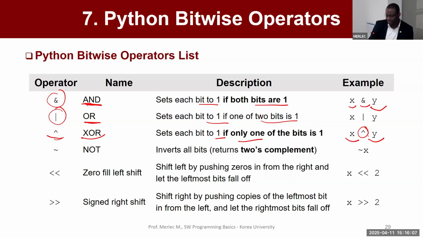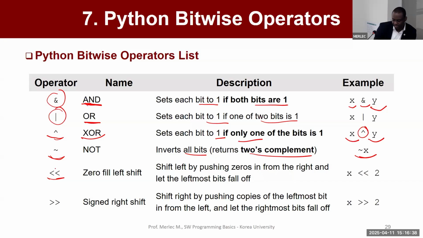Making a complex expression. You have this tilde, which is used to invert all bits and return the two's complement. The syntax to use it is to put this symbol at the beginning of a variable. You also have the zero-fill left shift.